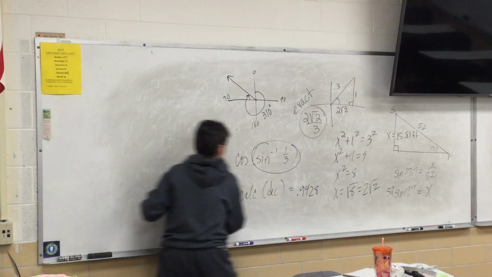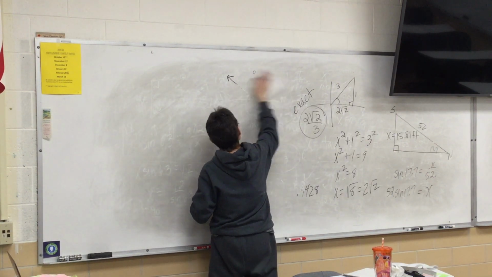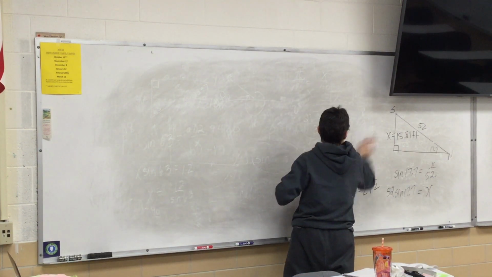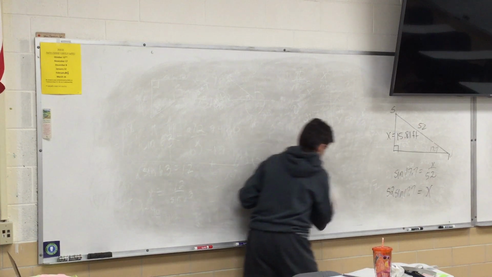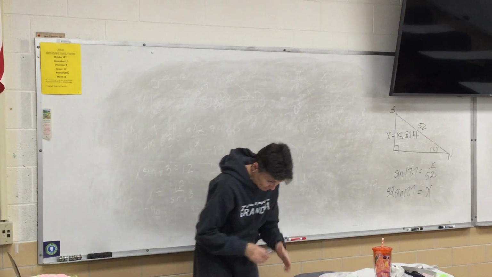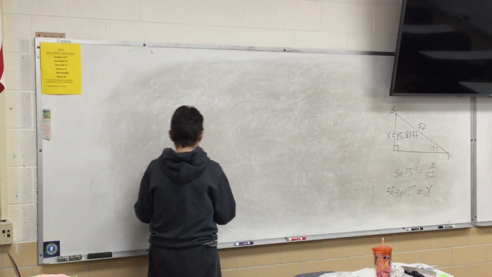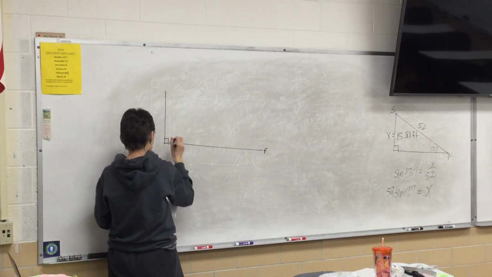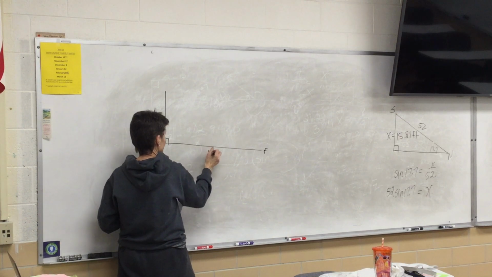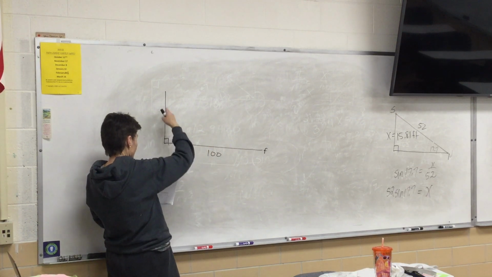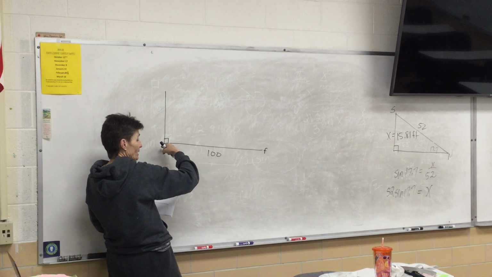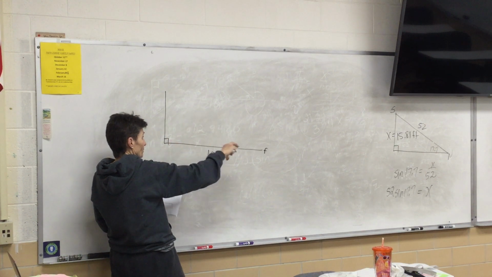Now we've got a fish in the water. Okay, so here's the fish in the water. He is 100 feet from shore, so here's the jetty, which is just like a, what do I want to call it?